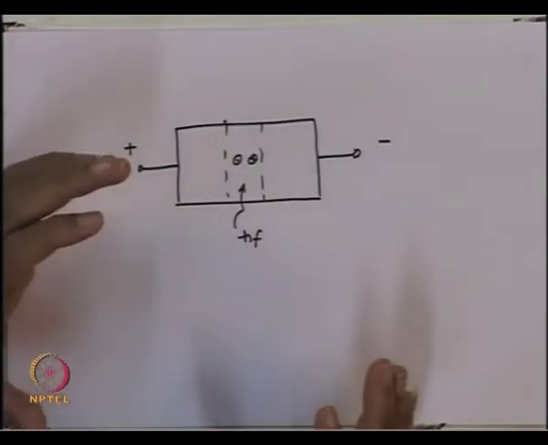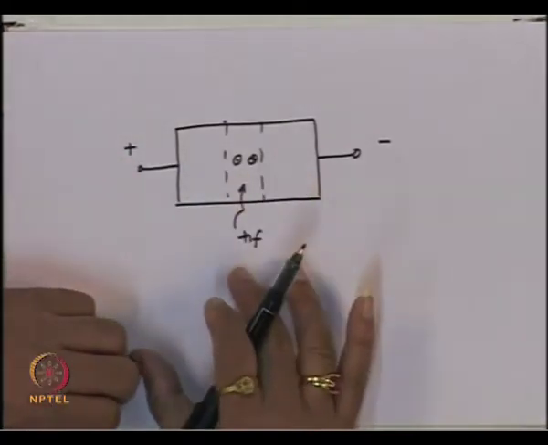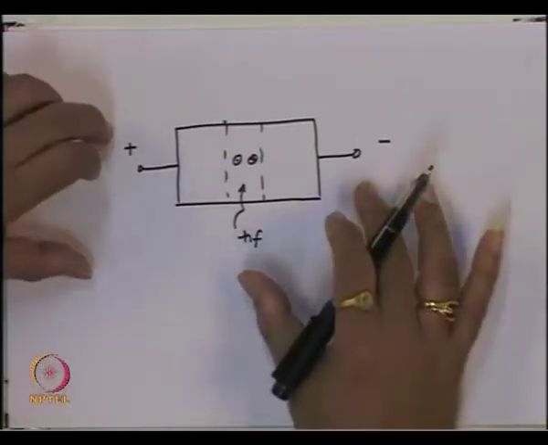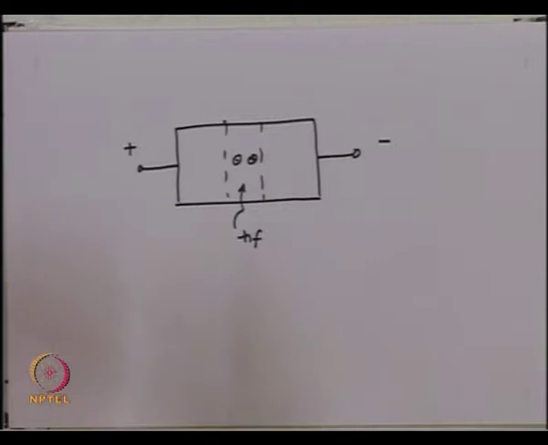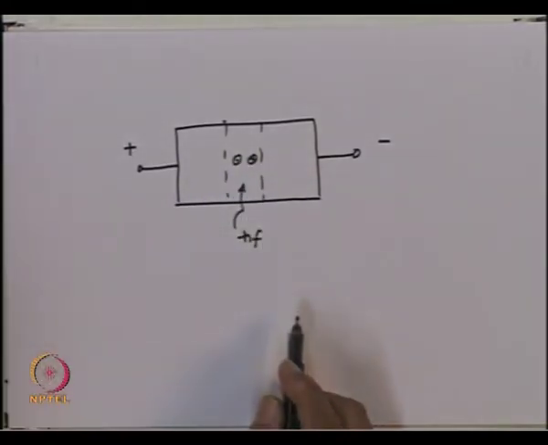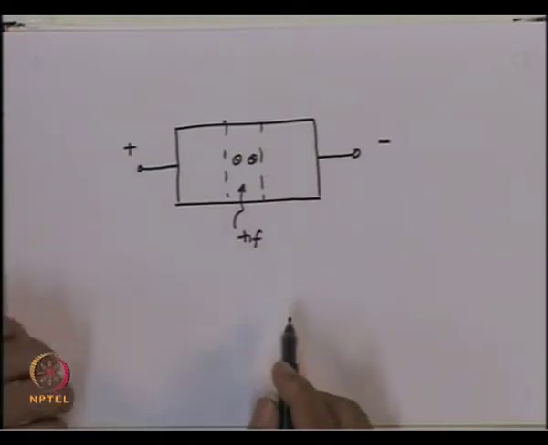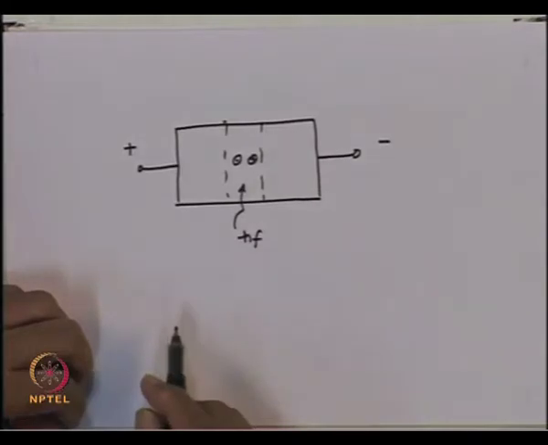in which, in the ideal situation, in the absence of electron hole pairs generated due to photons, the current flow will be 0. Of course, in practice, because of thermal excitation, we also have electron hole pairs generated, and we get what is called the reverse saturation current inside the PN junction.